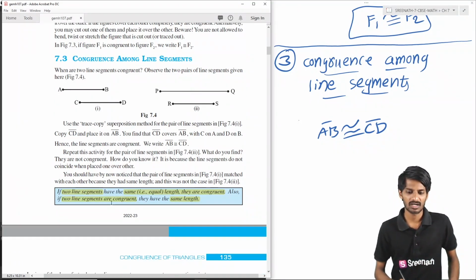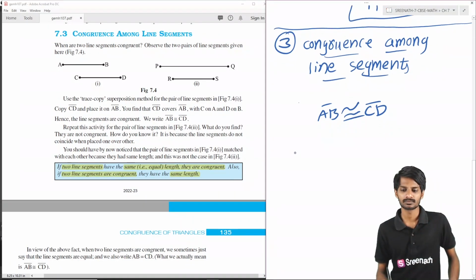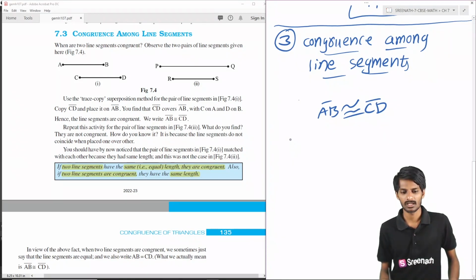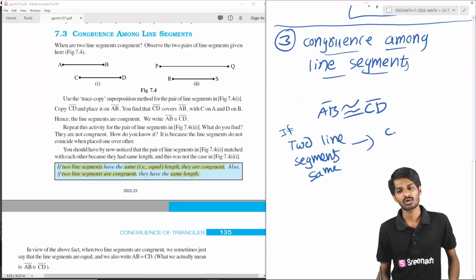So finally, what is our conclusion? If two line segments are the same length, then they are congruent.